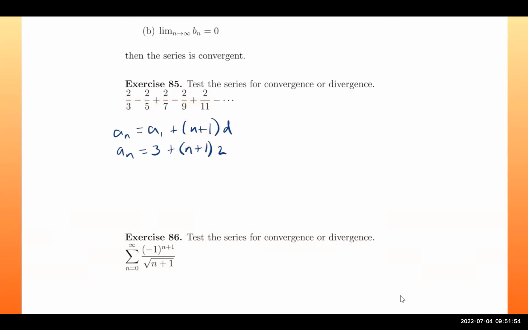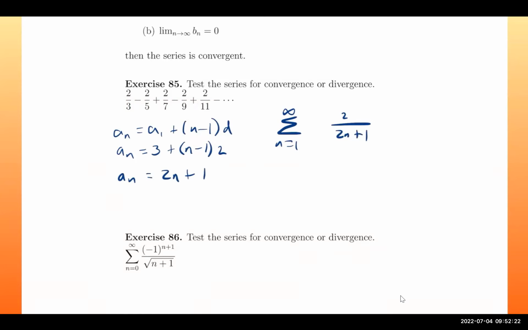If you distribute and simplify, you're going to get a sub n is equal to 2n plus 1. And so the series can be written as the sum from n equals 1 to infinity of 2 over 2n plus, oh, I'm sorry, this is a minus. So that's not a 5, that would be a 1.